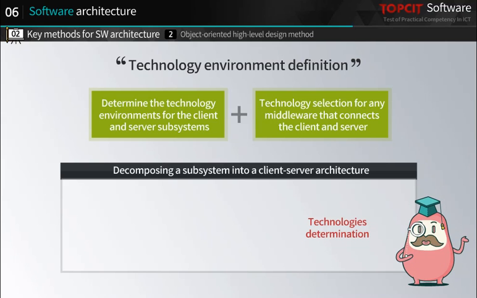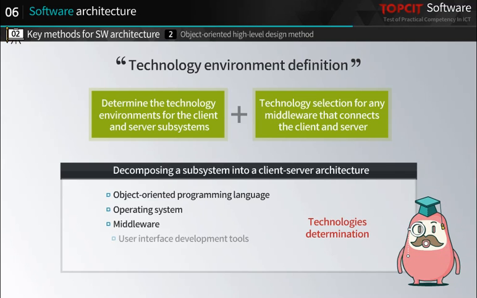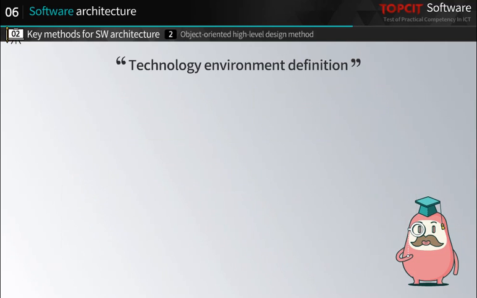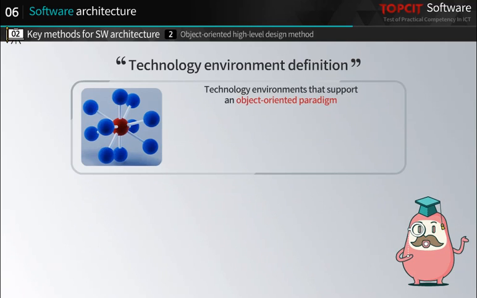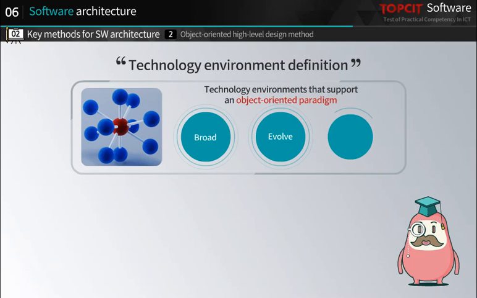To do this, they will determine the technologies for object-oriented programming language, operating system, middleware, user interface development tools, and database management system. Currently, technology environments that support an object-oriented paradigm are very broad and constantly evolving, with trends of new technologies rising.